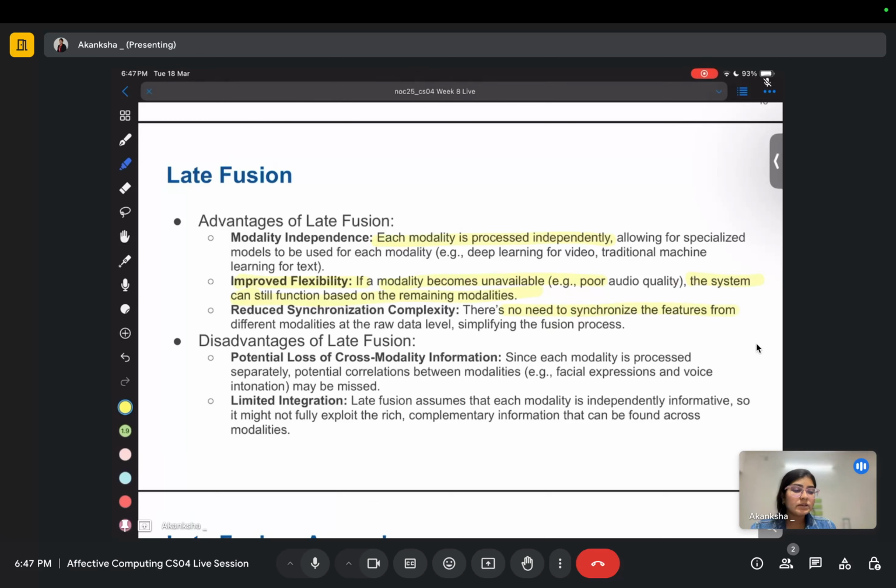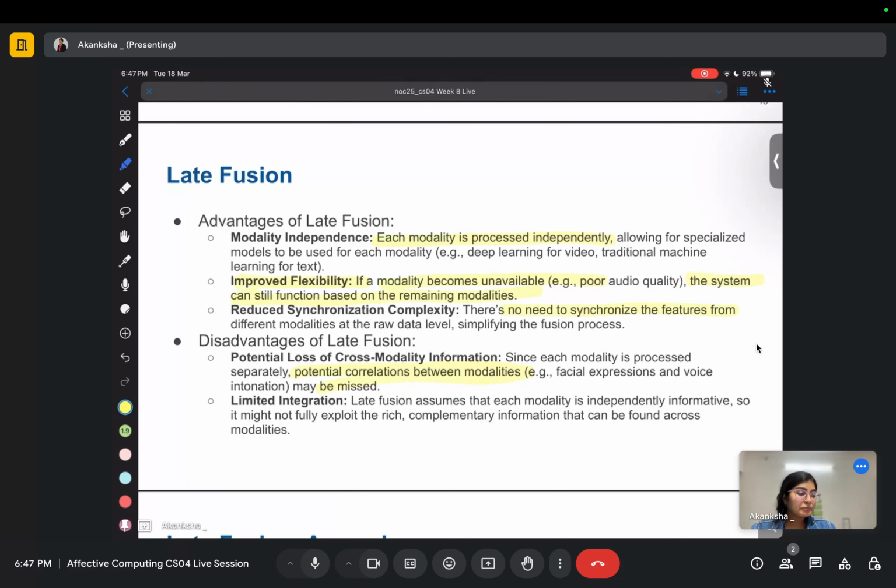But the disadvantage is, the advantage that early fusion offers is we know the correlation between the different modalities. However, since we are not synchronizing, since we are not letting them communicate with each other, potential correlations between the modalities we cannot judge. Let's say you are happy, so your intonation, as I mentioned, pitch will be high. And if you're talking with a smile on and your pitch is high, these features belong to happiness.